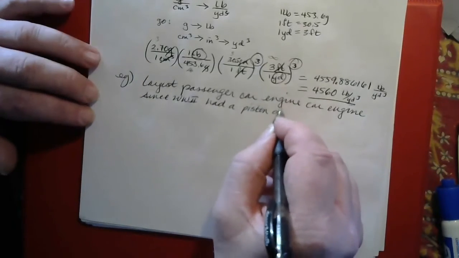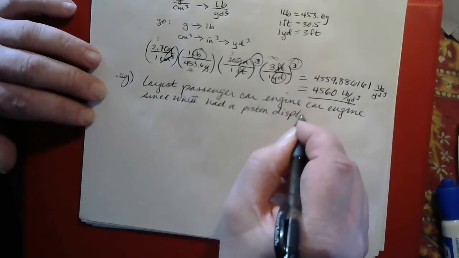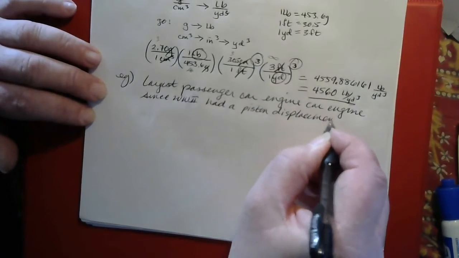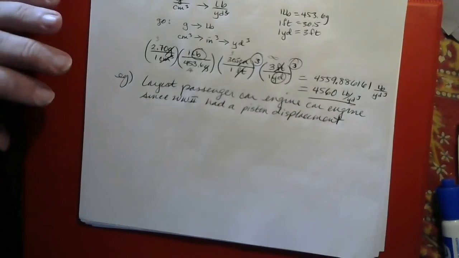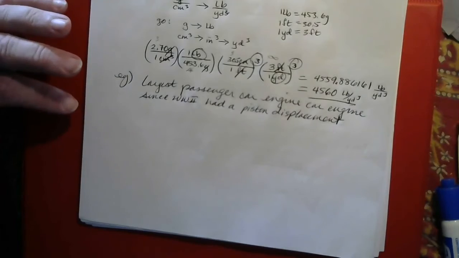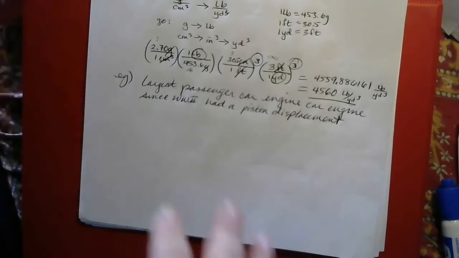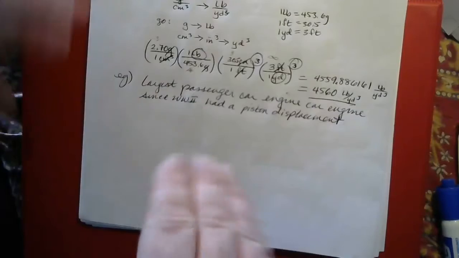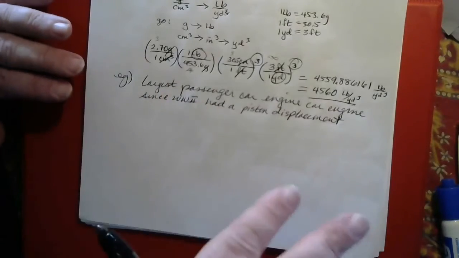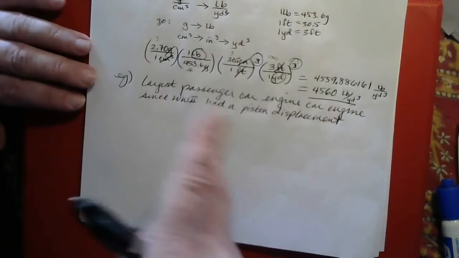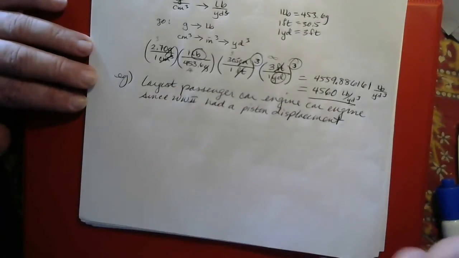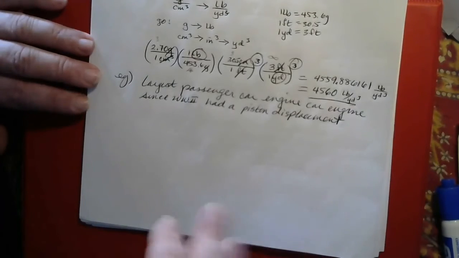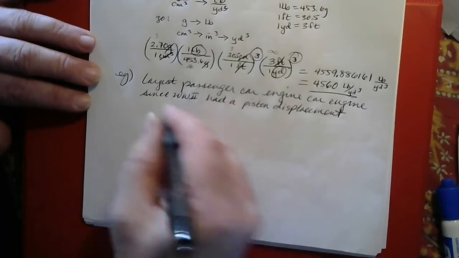And the way the size of an engine is conveyed is usually through the piston displacement. I think I mentioned before, that's the volume that's swept out by the pistons as they move up and down in the engine. When you add all of that volume up for all 8 pistons in this case, the total volume we get is called the displacement of the engine.